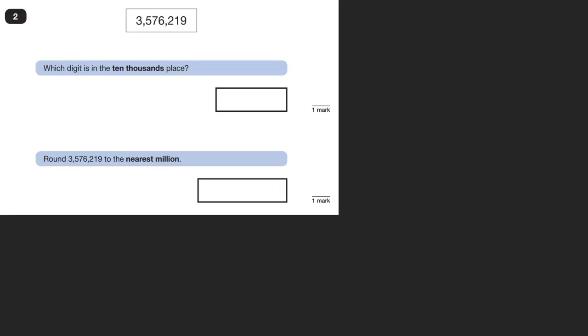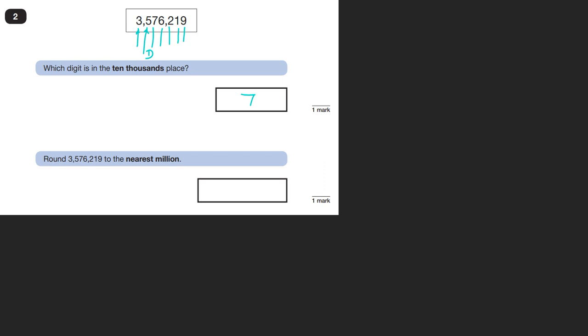Question number 2. 3,576,219. Which digit is in the 10,000s place? So this is the units, tens, 100s, 1,000s, 10,000s, which is 7. Round the number to the nearest million. Nearest million means this is the million. So the 5 just after is going to be the decider.